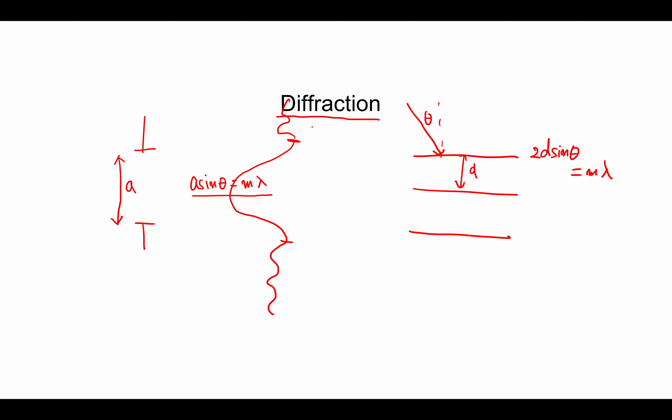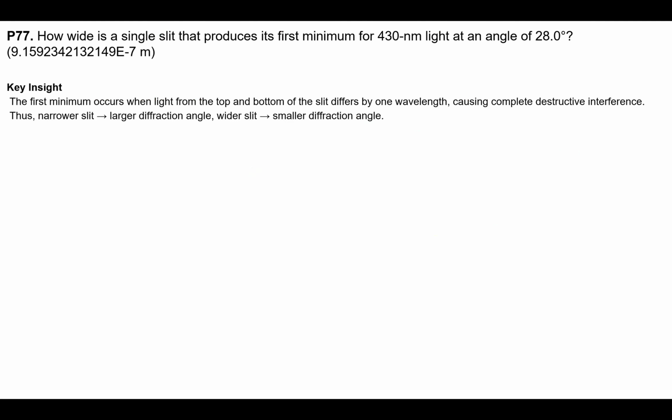You need to know that a is for the aperture, the single slit, and this is X-ray diffraction. So it is a little bit different. It is 2d, and that is a, okay?